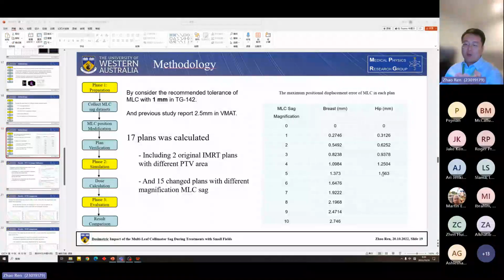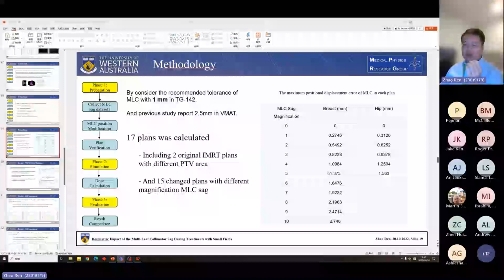I was supposed to also use 10 times MLC sag in the hip, but the MatRad software has some problems: when I tried to give from 6 times MLC sag to the hip, MatRad always reported errors.